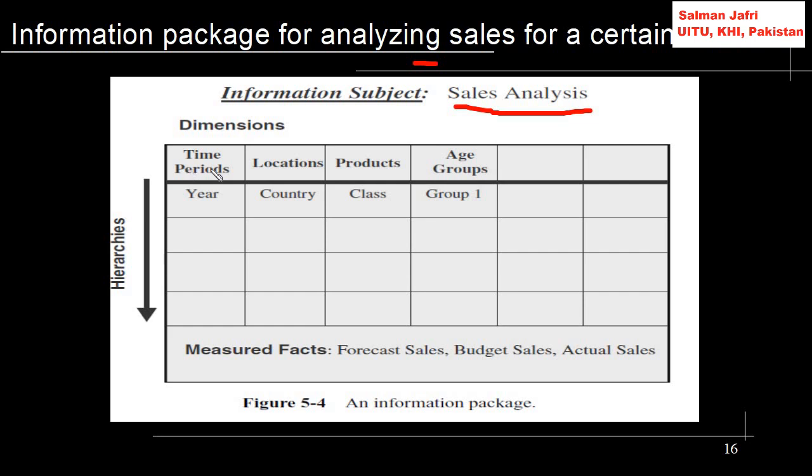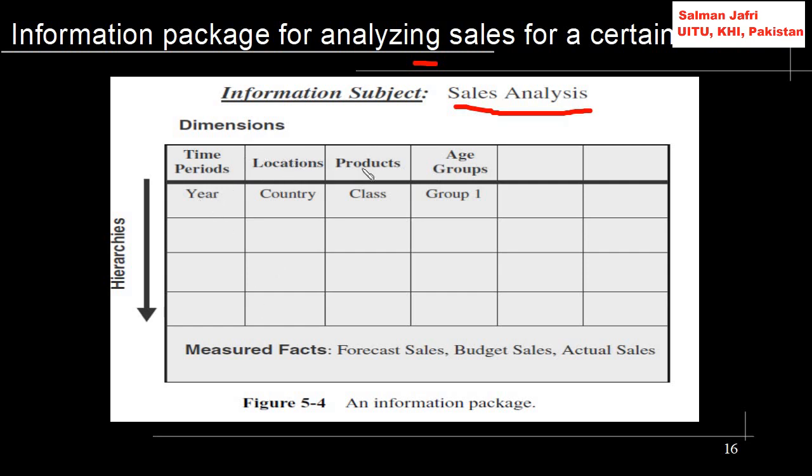Then also for a particular time period, for a particular location, what particular product we are referring to. For a particular time period, location and product, what is the age group that is interested in that particular product. So these are the dimensions.